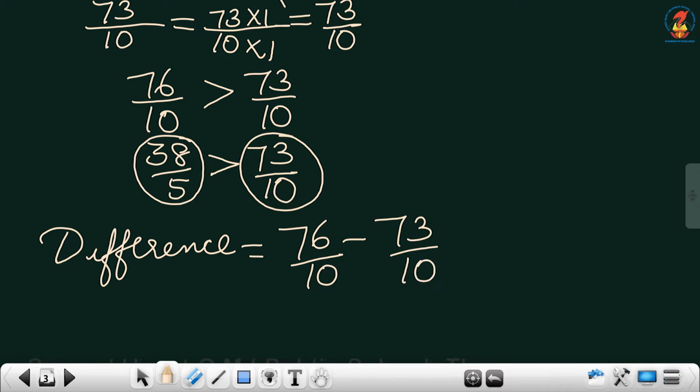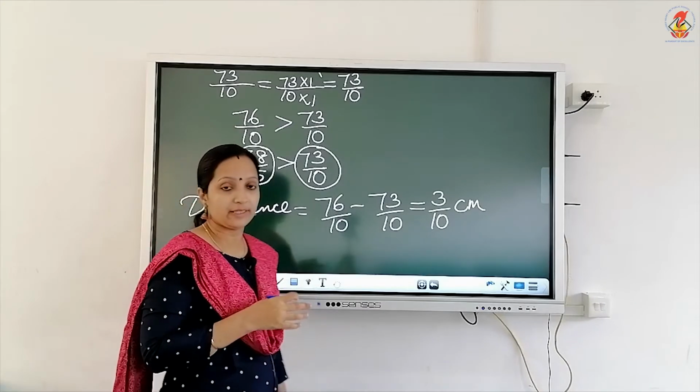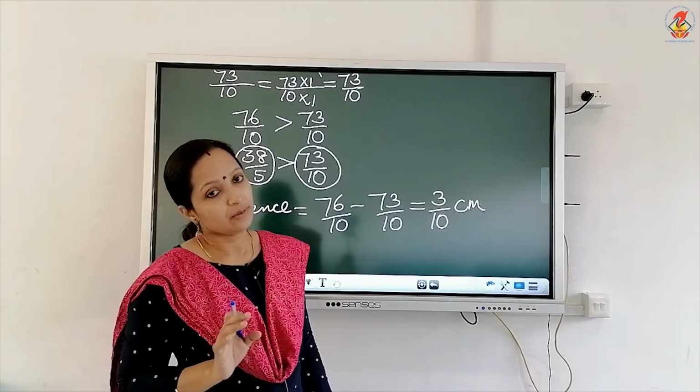What is the answer you got? 76 minus 73. What is the answer? 3/10 centimeter. So what you got here? The picture should be trimmed by 3/10 centimeter. Then only we can fit that picture inside that particular frame.